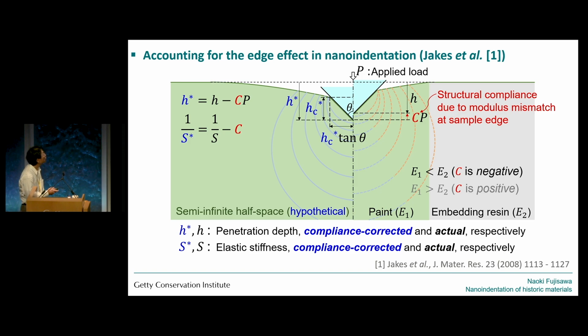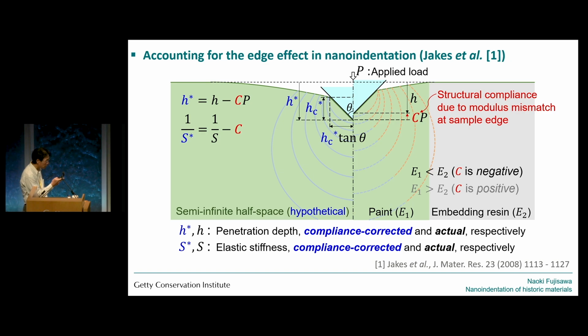Okay, so nanoindentation always assumes that the volume of indent you are creating is much smaller than the volume of the sample that you want to test. But often in this cultural heritage field, the material available from real objects is so tiny that you have no choice but to go very close to the edge.